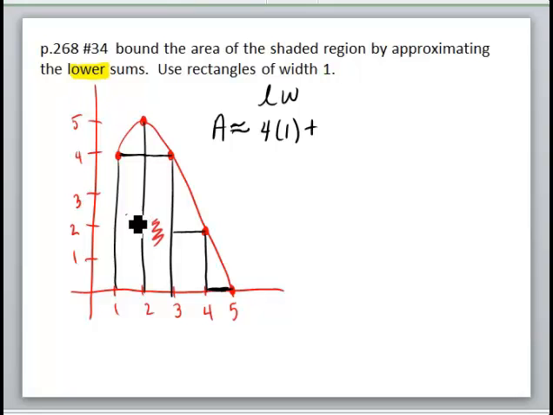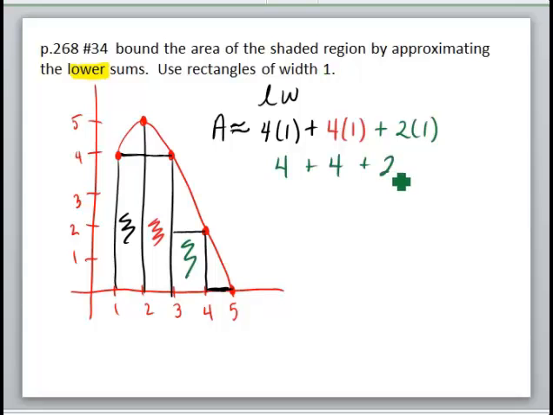So this is my black rectangle. The red rectangle has a length of 4 and a width of 1. My green rectangle has a length of 2 and a width of 1. And then my last rectangle isn't a rectangle at all. So I end up with the area being approximately 10.